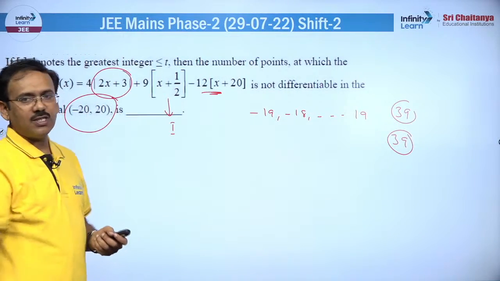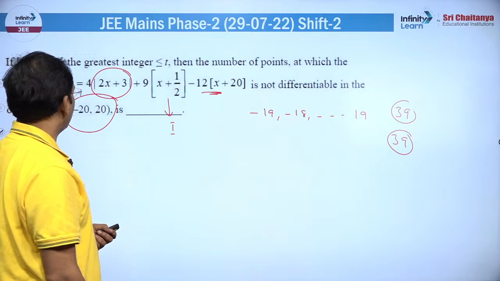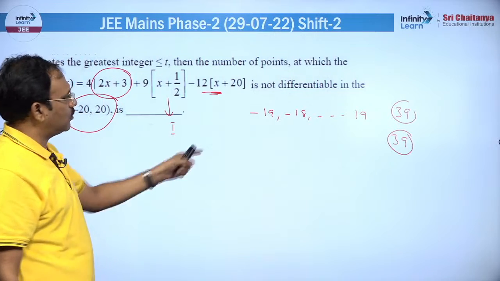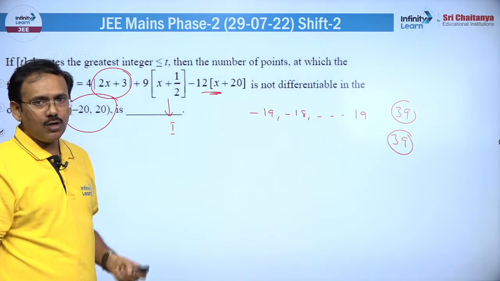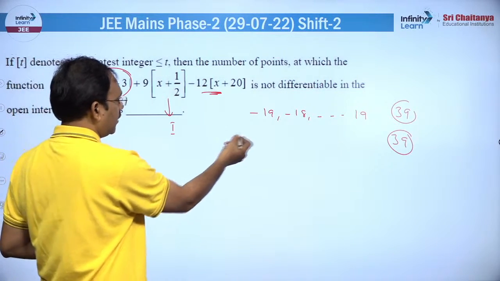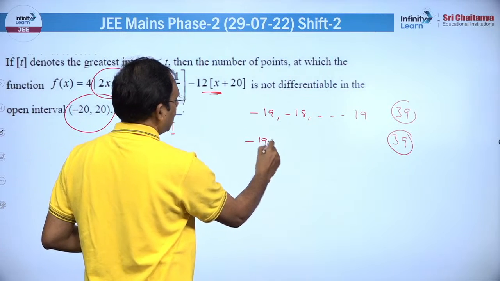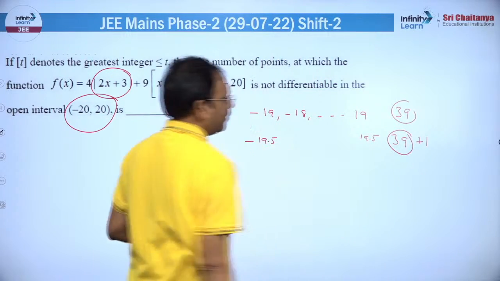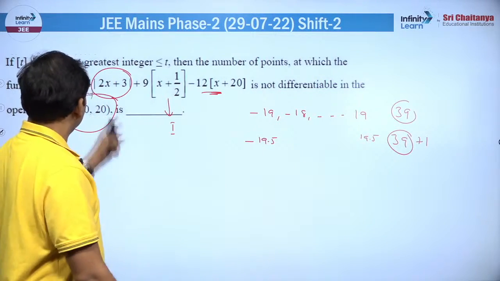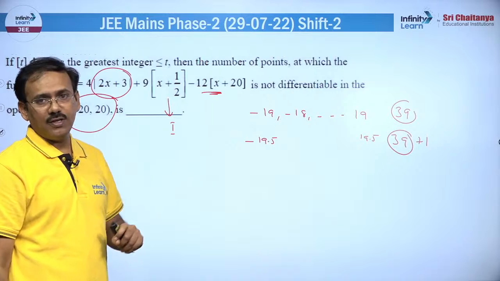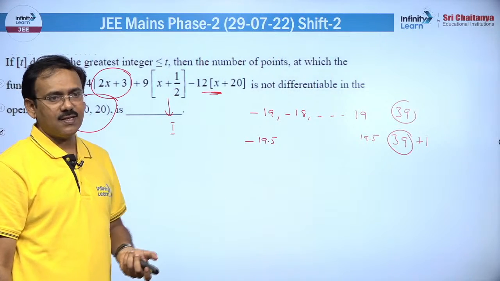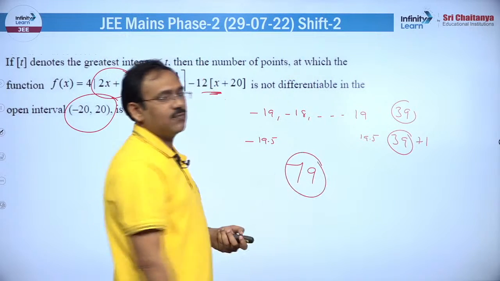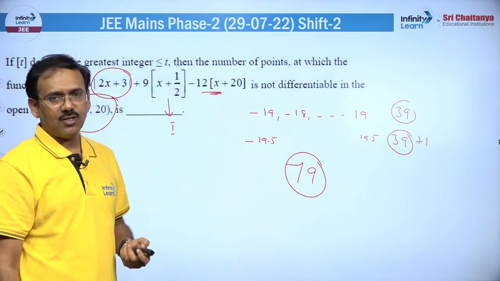This is not differentiable at minus 3 by 2, my dear friends, and here you will get one more case, and minus 3 by 2 is also there in this. So no further cases; altogether you are going to get 79 points where it is non-differentiable.